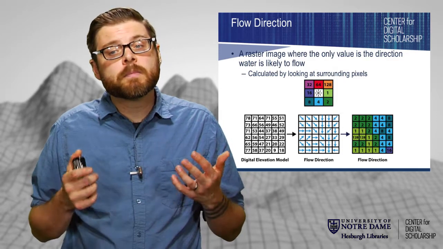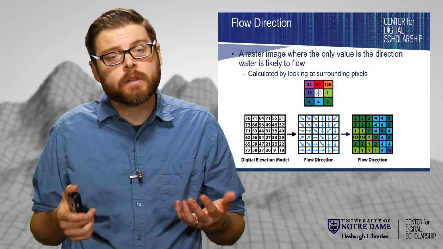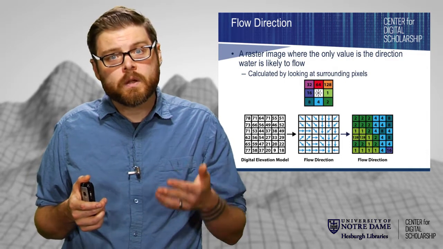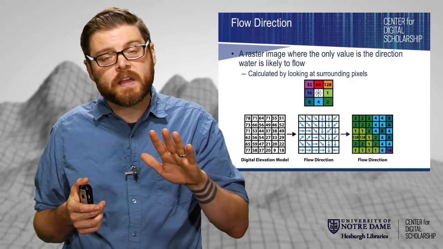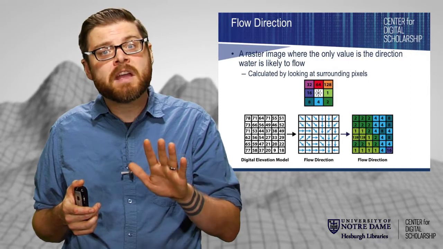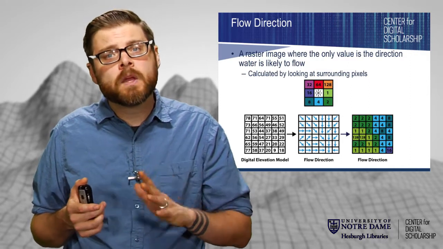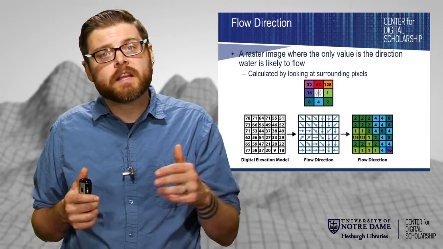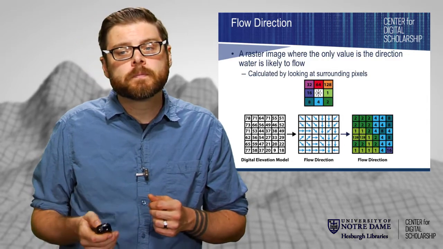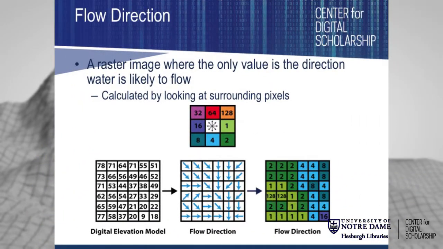This is very similar to the calculation of slope, just instead of recording what direction that pixel is facing, the aspect, or the angle of its slope, we're looking at what direction water is likely to flow off of it. We use the surrounding cells to calculate this. As you can see from these examples, if we have a high elevation point and lower elevation points around it, it's going to flow towards the lowest elevation. It's a pretty simple analysis.